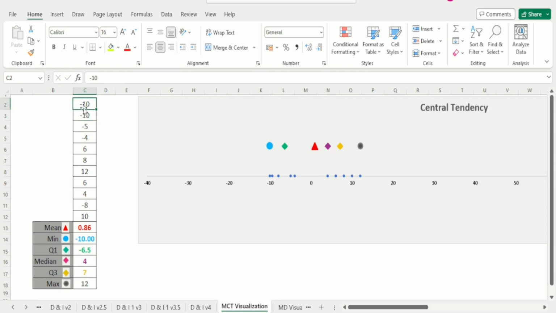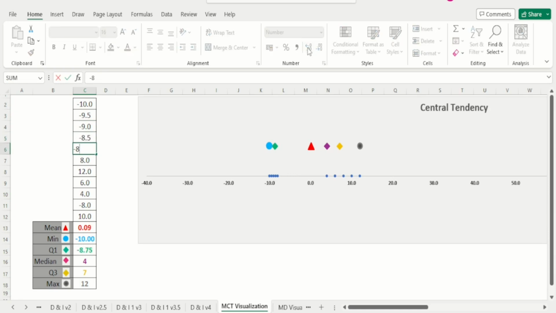I'm just going to increase it by 1 decimal point so that you can clearly observe what happens in that case. So what we'll see is, in this case, we're going to get a close cluster of some data points, but then it will be skewed in a certain way.